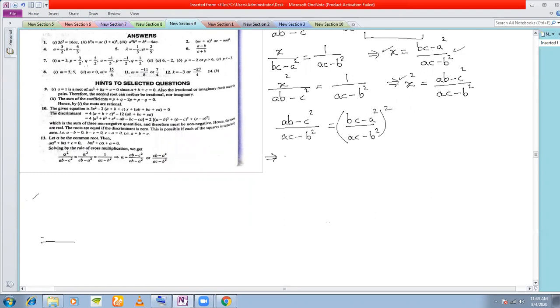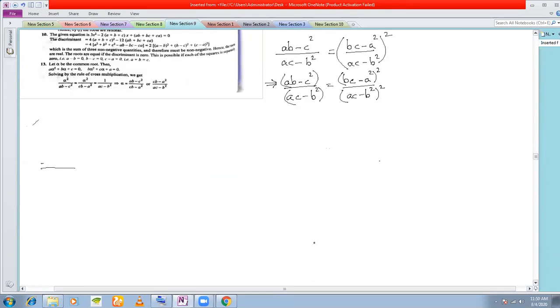From this, we multiply that ab minus c square by c minus b square is equal to bc minus c square, bc minus b square. So now cross multiply.